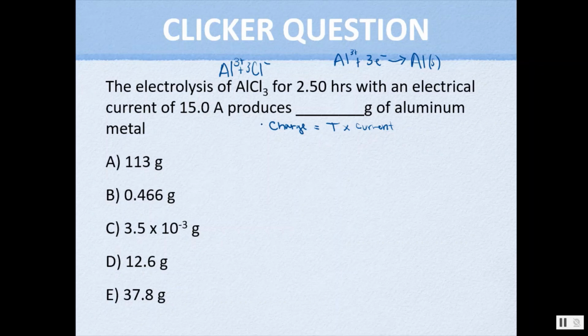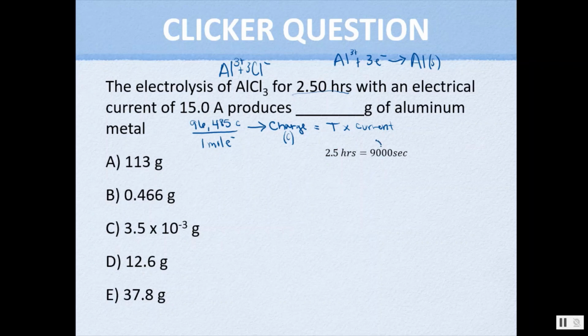Once you know your charge, then you can use the fact that you produce 96,485 coulombs of charge for 1 mole of electrons, to convert from your charge to your electrons. Again, make sure that your units cancel. And you'll also have to, like I've already shown, convert this 2.5 hours to seconds.